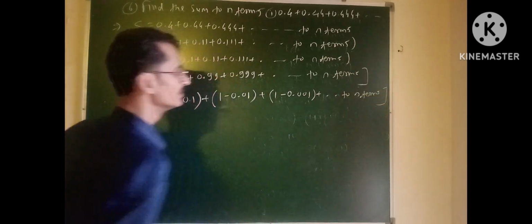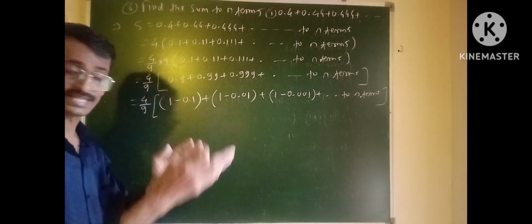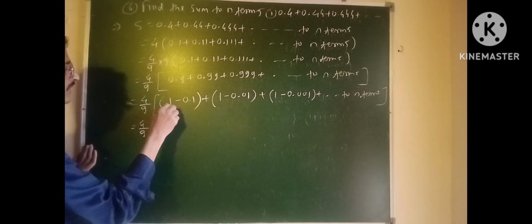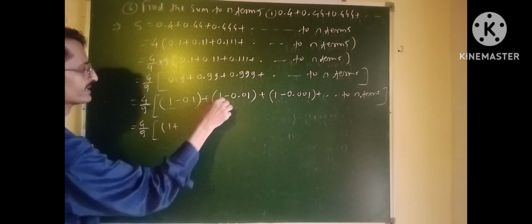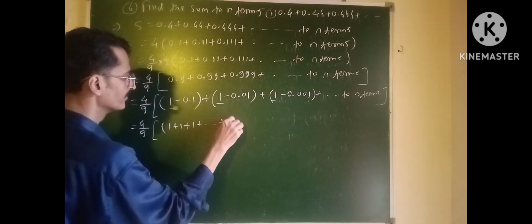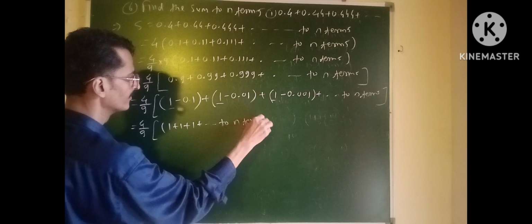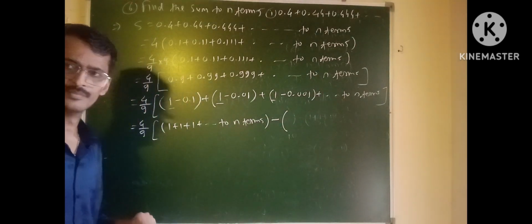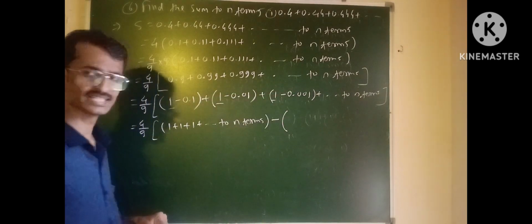Now separate first terms and second terms. So 4 by 9. First term is here 1 plus this 1 plus this 1, 2 n terms. Minus we can write common from second term. So all are negative, so write minus sign common.